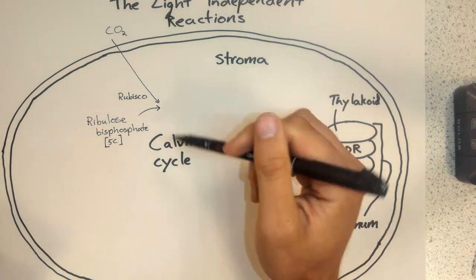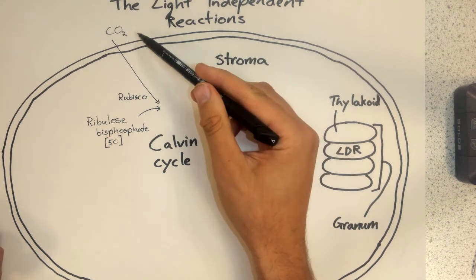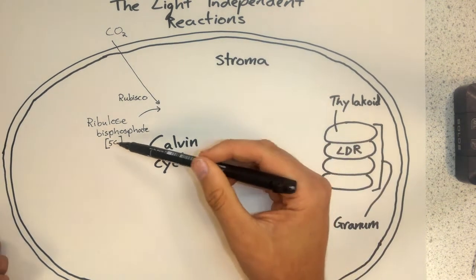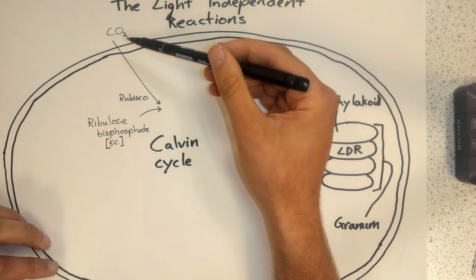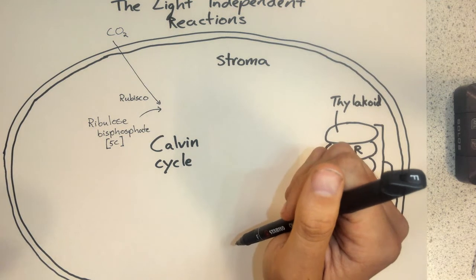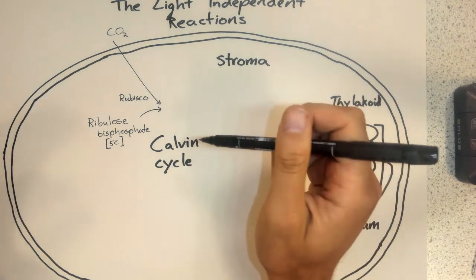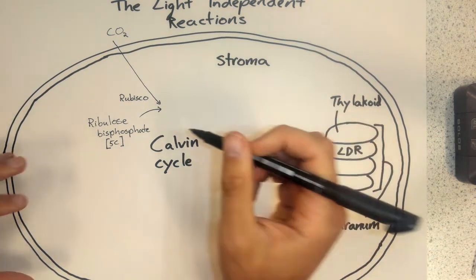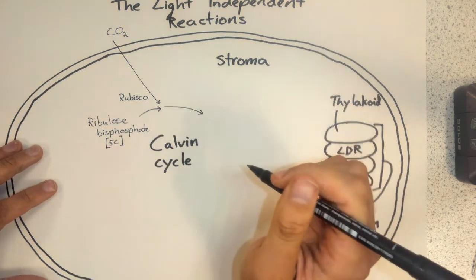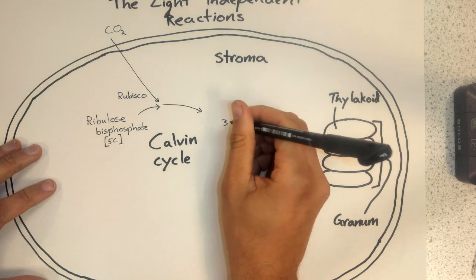The key thing you need to understand is rubisco binds the carbon dioxide to the ribulose bisphosphate. Now, that's a 5-carbon molecule binding to a 1-carbon one. That's going to make a 6-carbon molecule. But that 6-carbon molecule that results is extremely unstable and instantly splits into 2 3-carbon molecules.